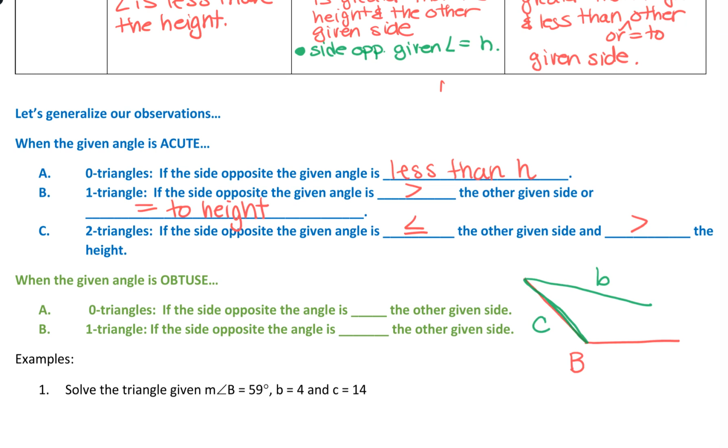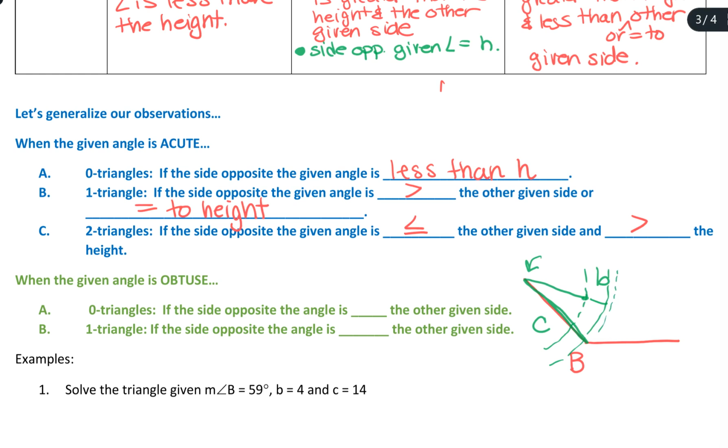So the red length, we don't know how long that red side is. The zero triangle case is if this side b is not long enough to reach. If I take this side b and try to swing it, because this is my pivot angle here at the top, it's not going to reach. If it's a little bit longer, it's still not going to reach.